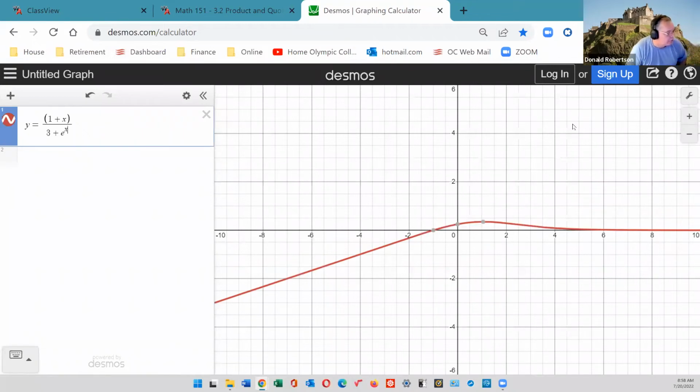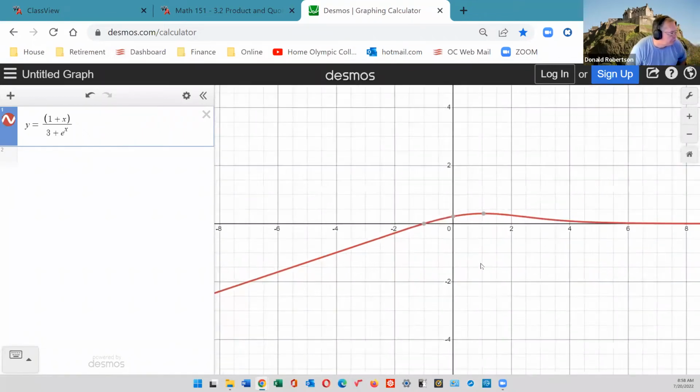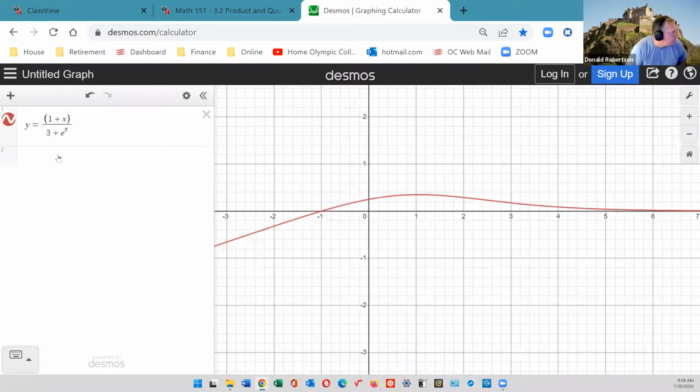Okay, so I'm not sure what kind of curve it is. There it is. I'm interested at the point 0, a quarter.